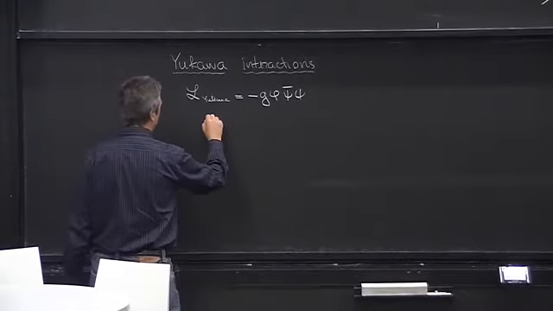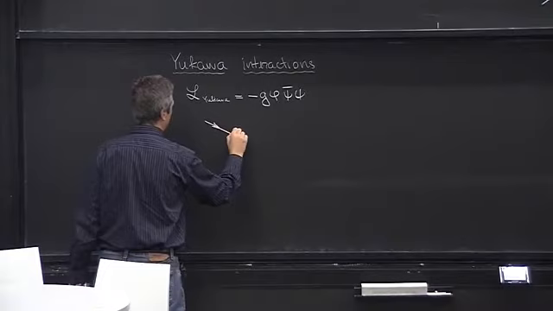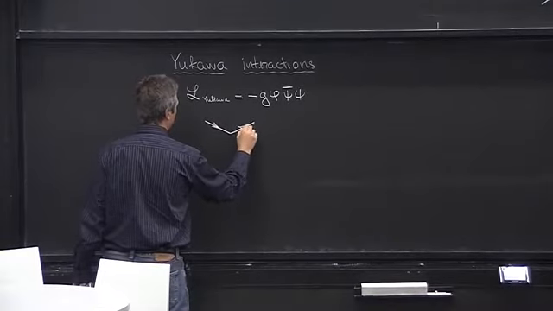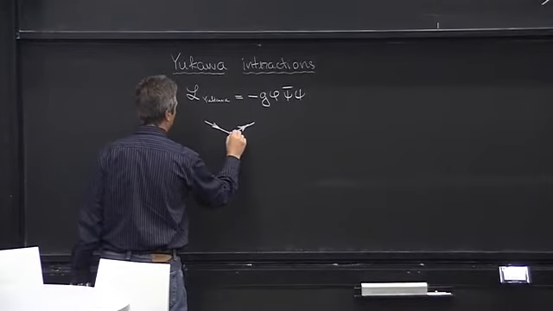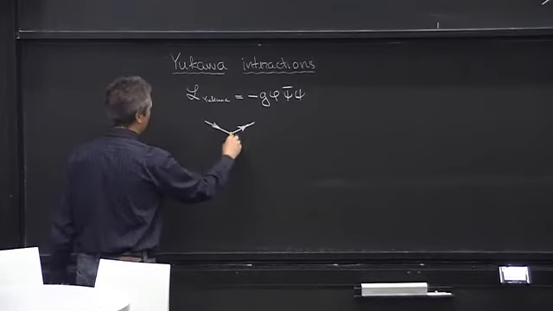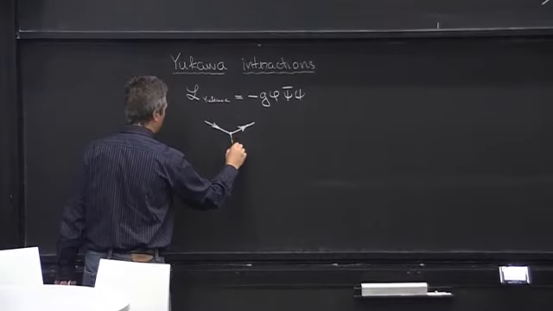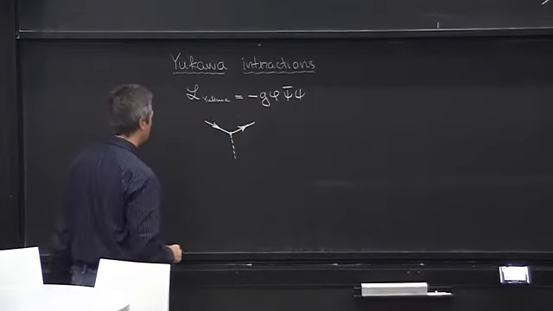So here at each vertex, we will have one fermion line coming in, one fermion line going out, and the scalar line joining this vertex.